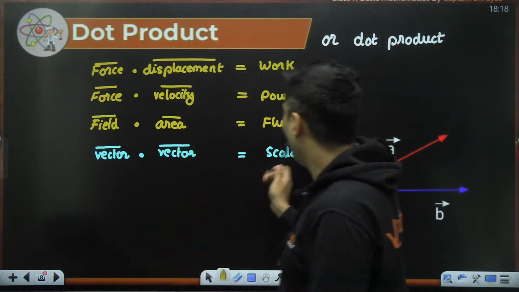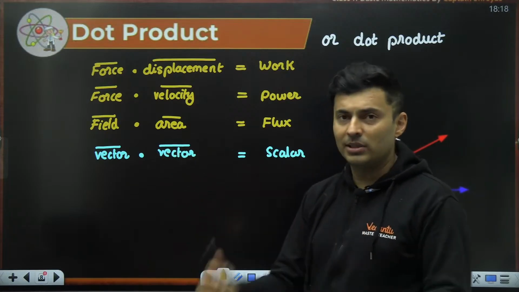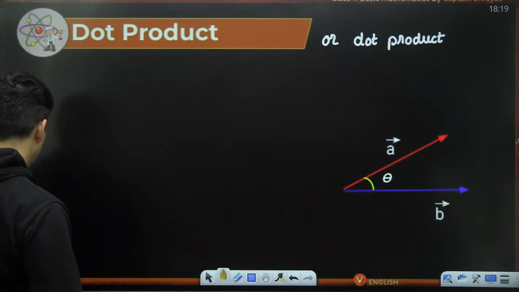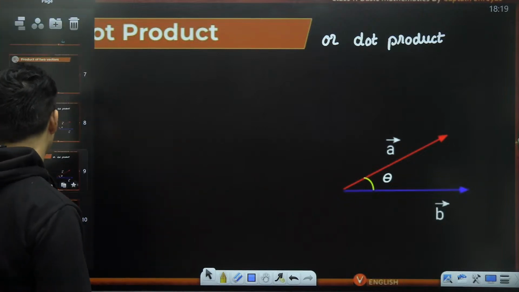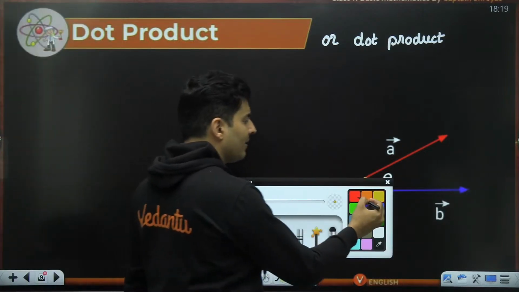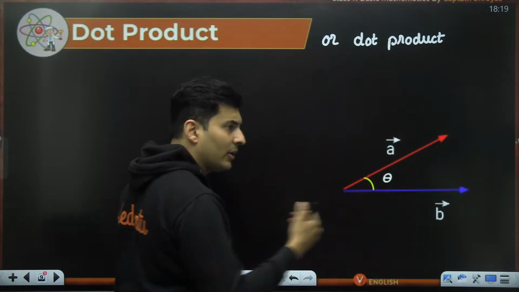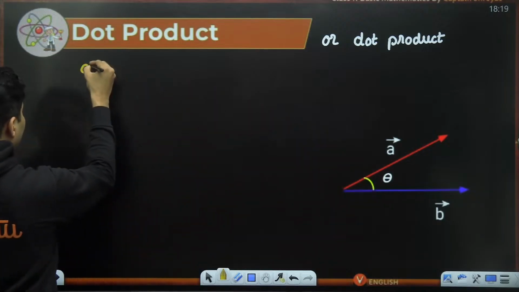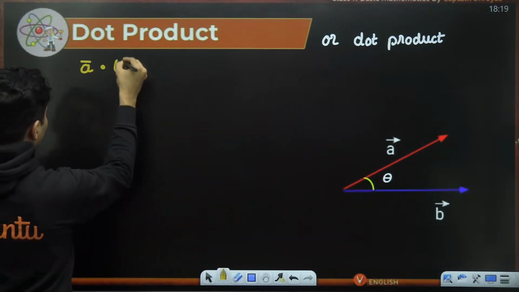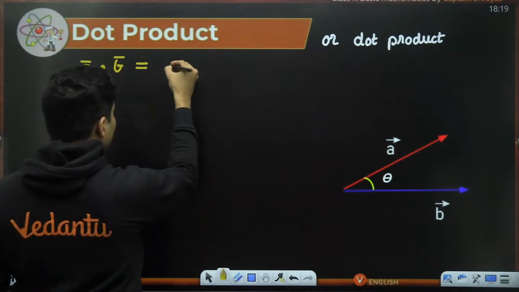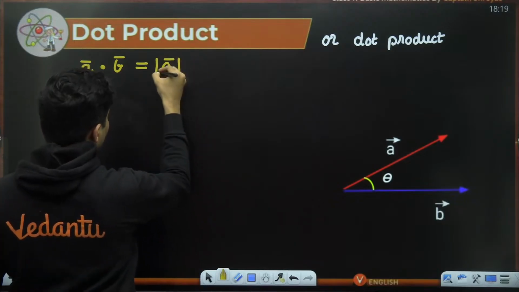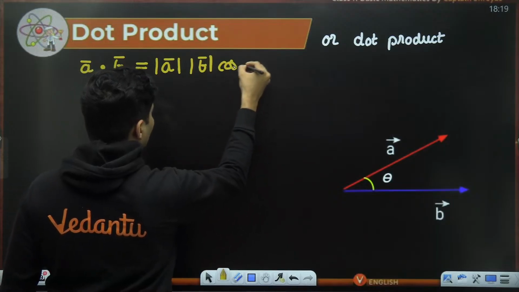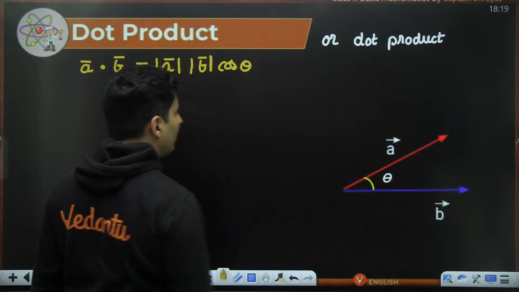How do I know what the value is, or how do I perform this operation? The manner in which you perform this particular operation is as follows. Observe it carefully. Okay, how do you perform the dot product? So you have one vector here, another vector over here. I want to know the dot product of them. So if I do A vector dot B vector, the outcome is: take the magnitude of the first vector, take the magnitude of the second vector and multiply it with cos of the angle between the two vectors.